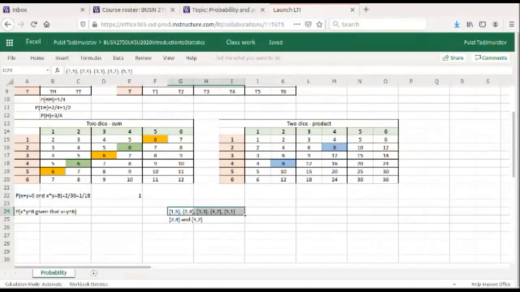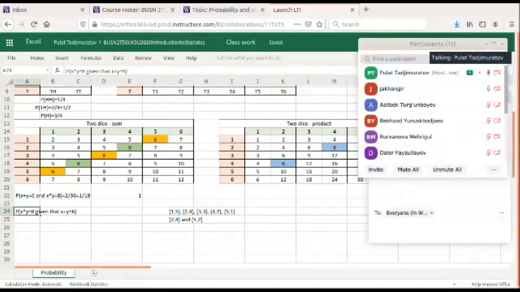Okay, so we have 5 possible outcomes in the second case, and 2 of them are the ones that give us 8 in product. So the probability in this case will be 2 over 5, which is about 40%, I guess, which is much more than this one, 1 over 18.